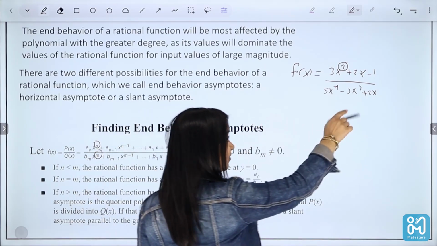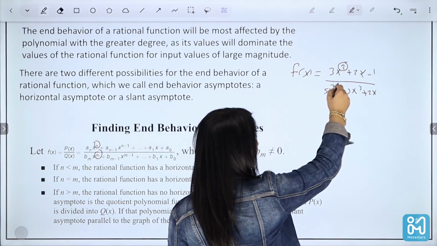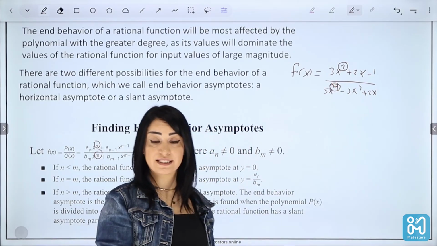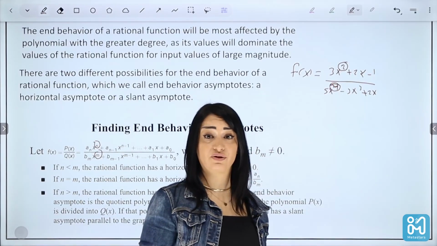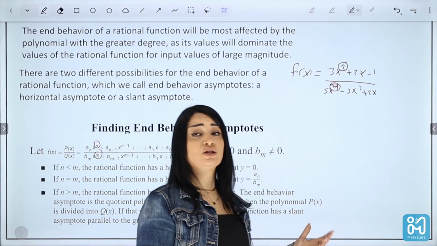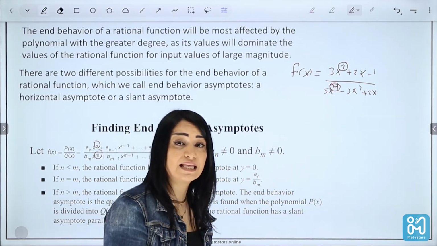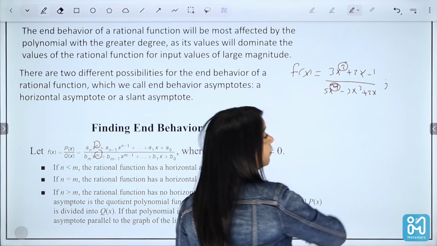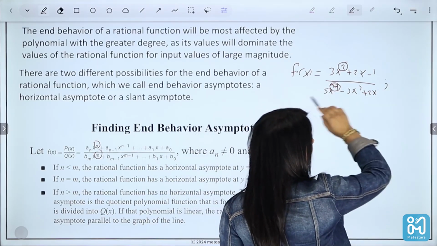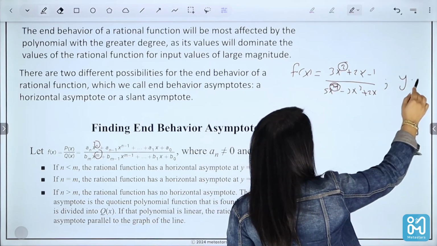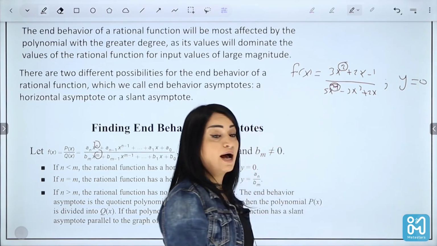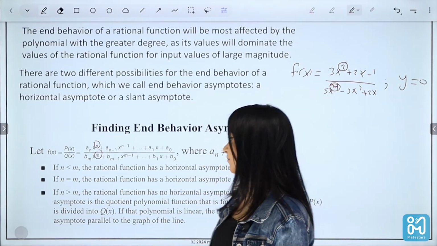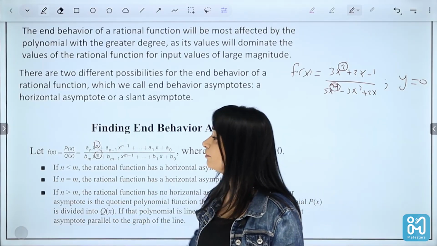What is the degree of the denominator? It is equal to 4. Since the degree of the denominator is greater than the degree of the numerator, we take the asymptote to be y equals 0. So here we have a horizontal asymptote at y equals 0, which is the x-axis.